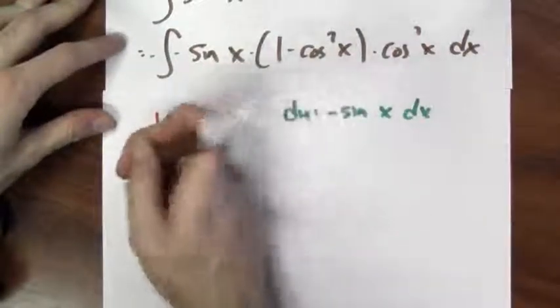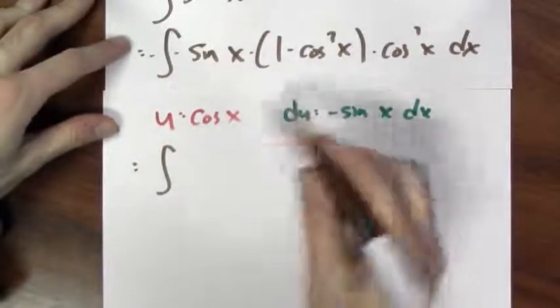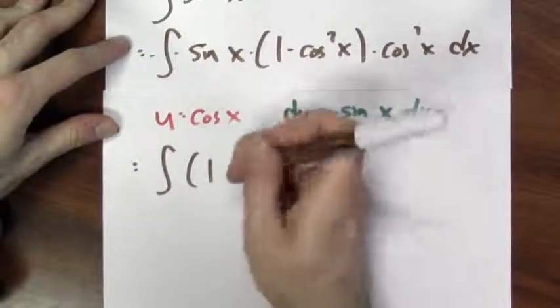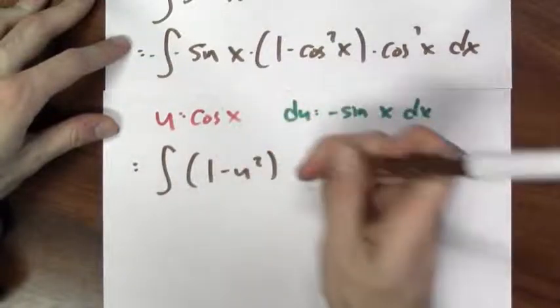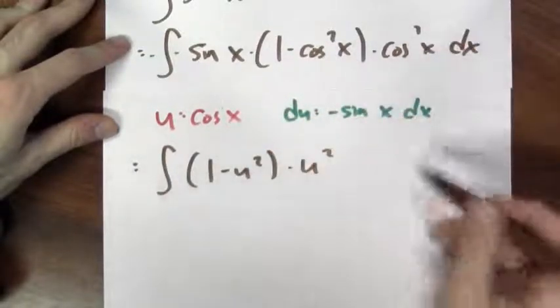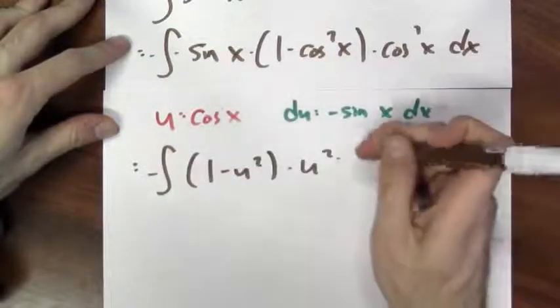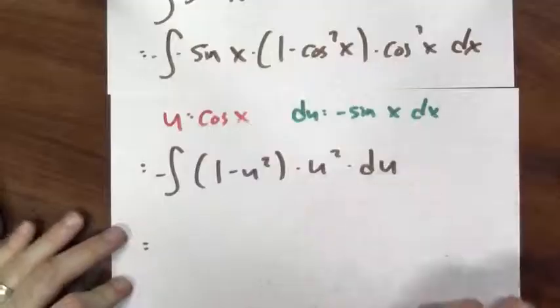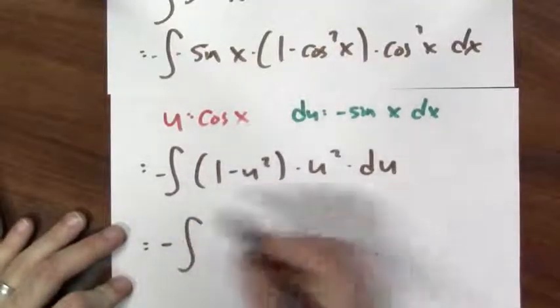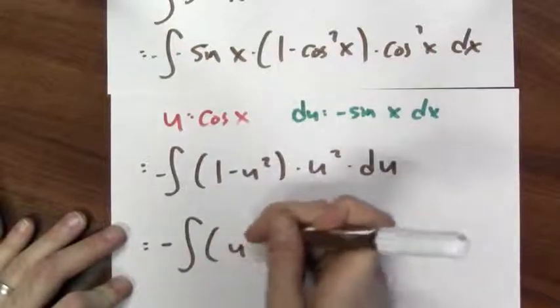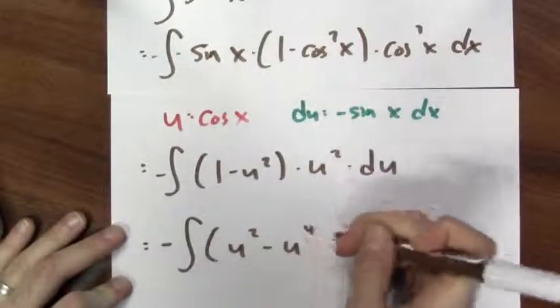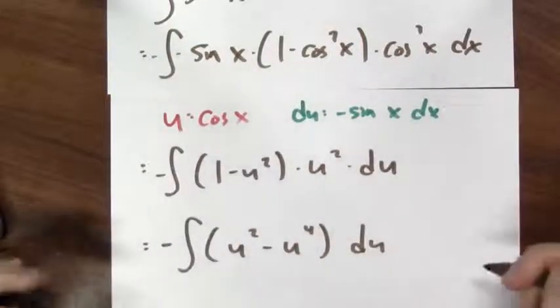So this becomes the integral of 1 minus u squared times u squared, and then minus du. Now I expand. So this is negative the integral of u squared minus u to the 4th du. Now I'll integrate.